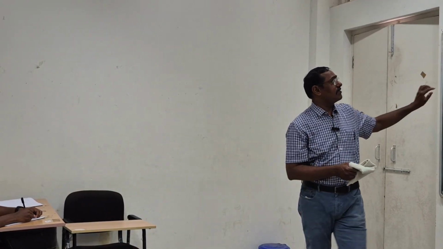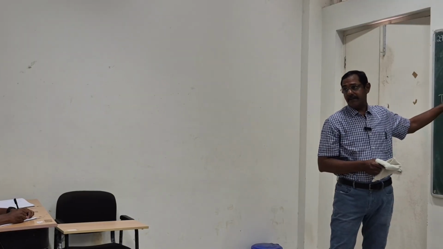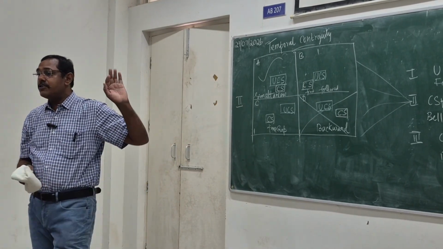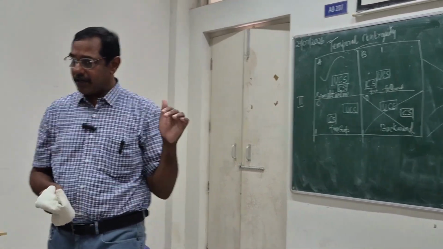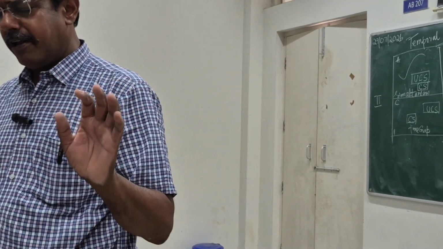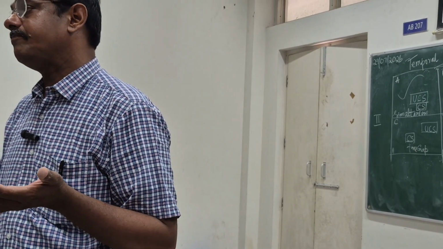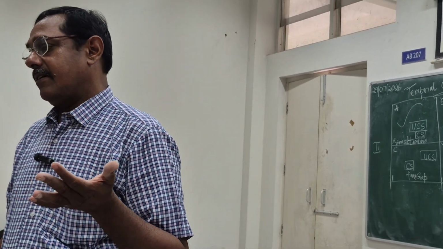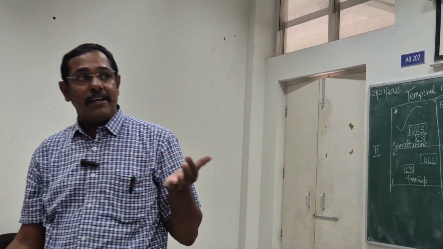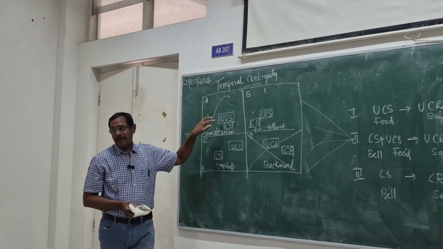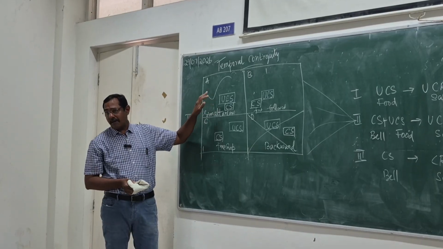Now what you have learned from this is temporal contiguity. Temporal contiguity is based on time. Simple, you can say time. Which one favors the third step? Giving conditional stimulus simultaneously.